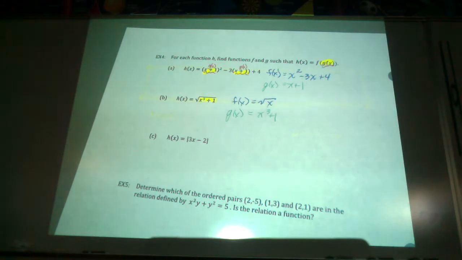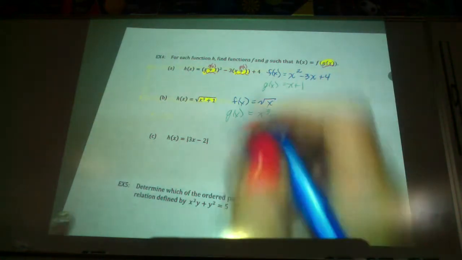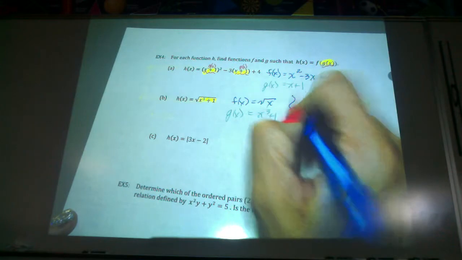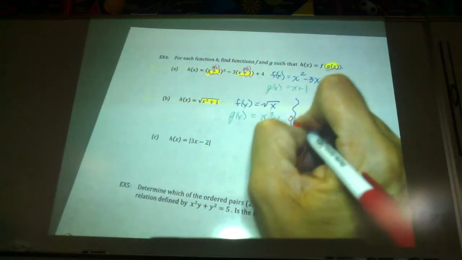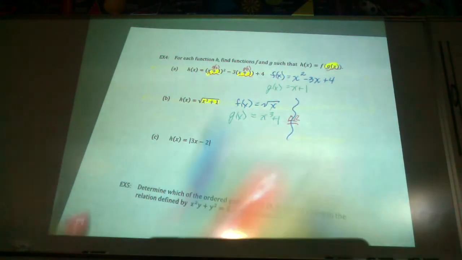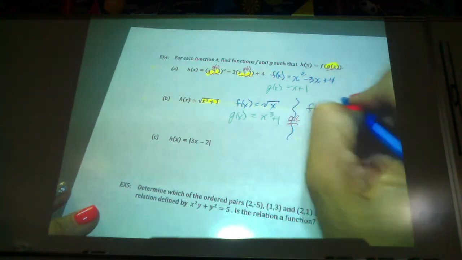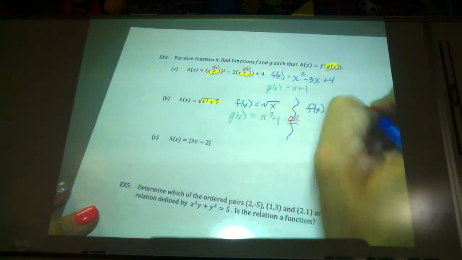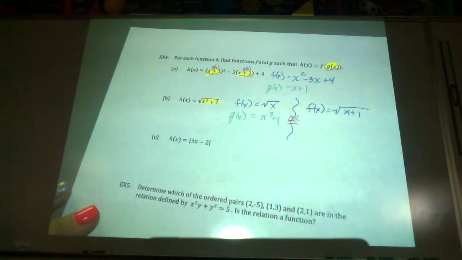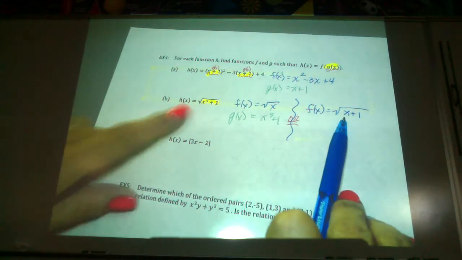Did somebody else come up with something else that you thought it could be? Okay, so the other one. Brendan said that f of x was the square root of x plus 1, right? And then all we did was replace the x only with x cubed.